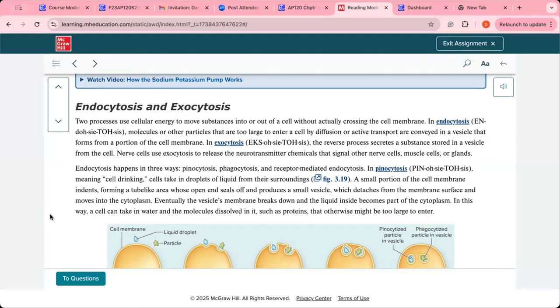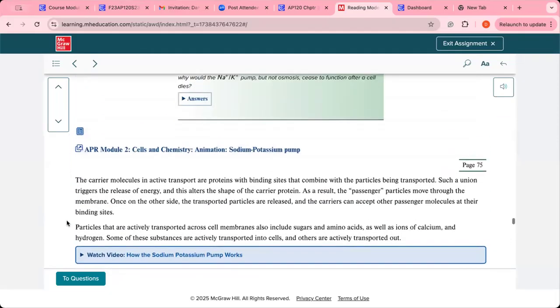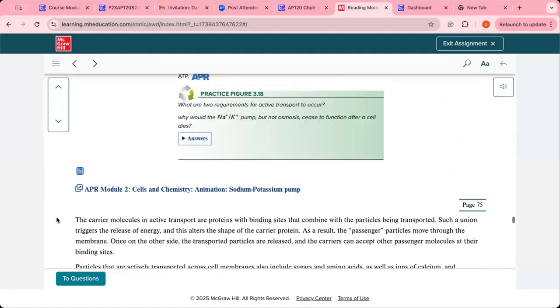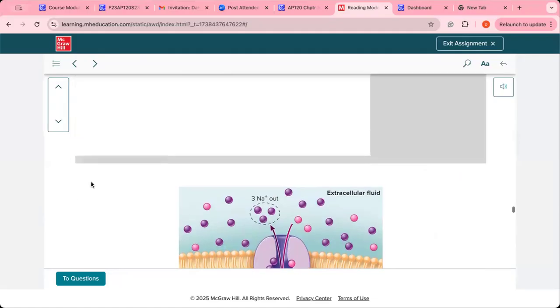Two processes use cellular energy to move substances into or out of a cell without actually crossing the cell membrane. I think, okay, go up a little bit. I don't think we're, no, up the page. I think keep going because it was talking about carrier molecules. So let's keep going.